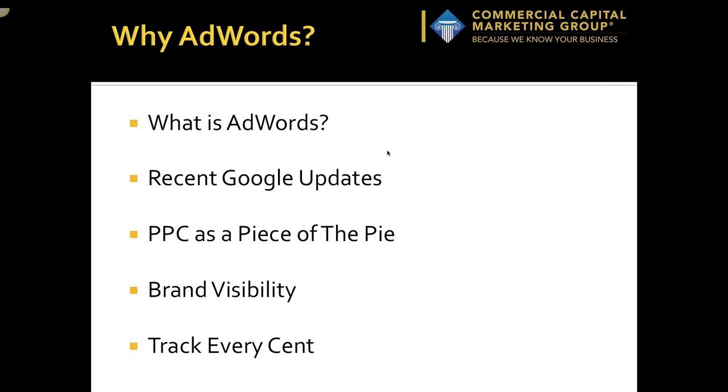It's their way of helping people that have new websites like yourself get traffic and visibility immediately, when you don't have so much of a ranking on Google yet because your website is so new. So more people are pushing towards PPC, which is another word for AdWords. It's called pay per click. That's why you'll hear me say PPC a lot today. It's just an easier way to say it and talk about AdWords.